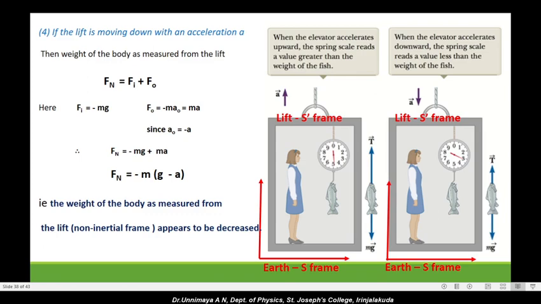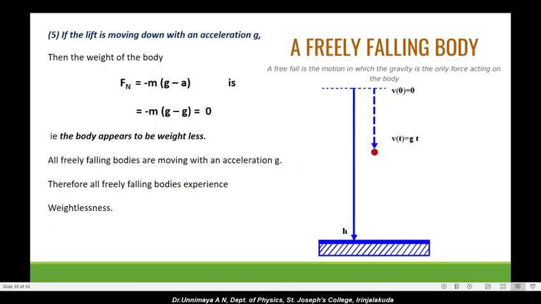When the lift accelerates downwards. The next situation is if the lift is moving down with an acceleration g. A acceleration പകരം g എന്ന് പറഞ്ഞ പെർട്ടിക്കുലർ ആക്സിലറേഷൻ ഡ്യൂ ടു ഗ്രാവിറ്റി എന്ന് പറഞ്ഞ പെർട്ടിക്കുലർ വാല്യൂവിൽ തന്നെയാണ് ലിഫ്റ്റ് ഡൗൺവേർഡ് മൂവ് ചെയ്യുന്നത് എങ്കിൽ then the weight of the body Fn is equal to minus m into g minus a.